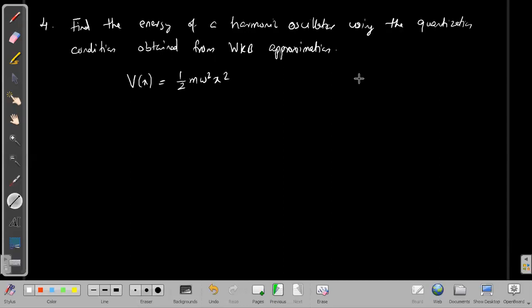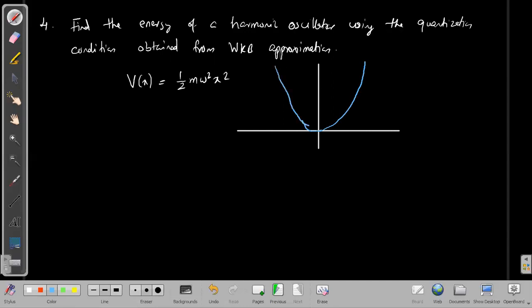So if you plot the graph, this is the harmonic oscillator potential.